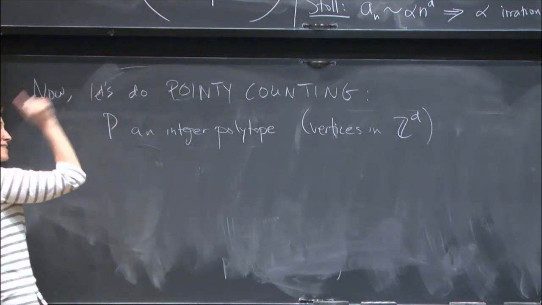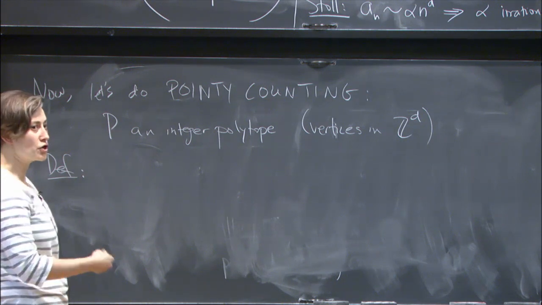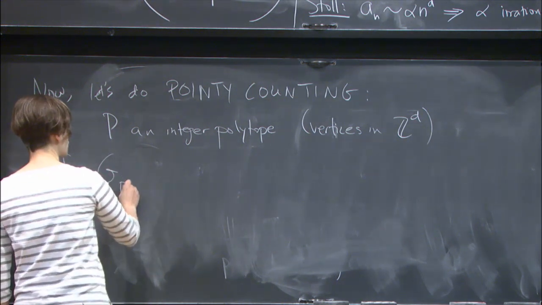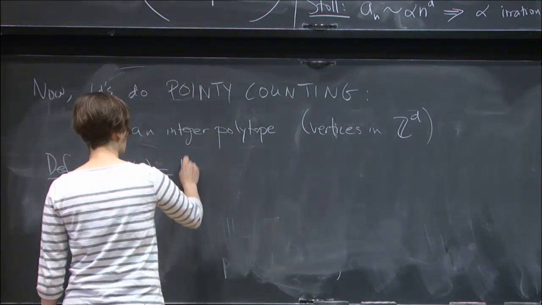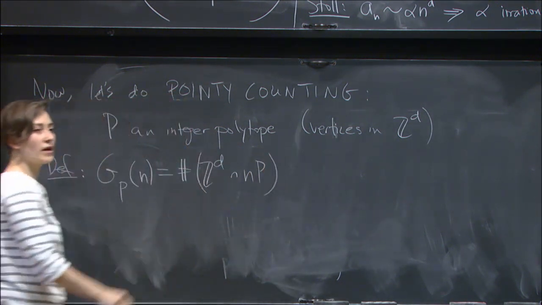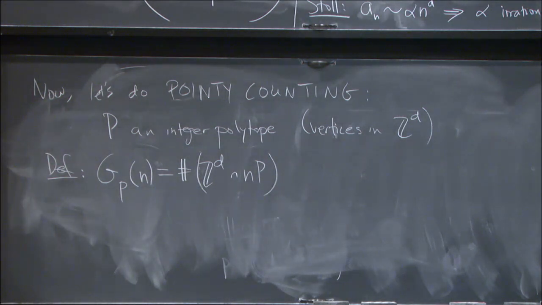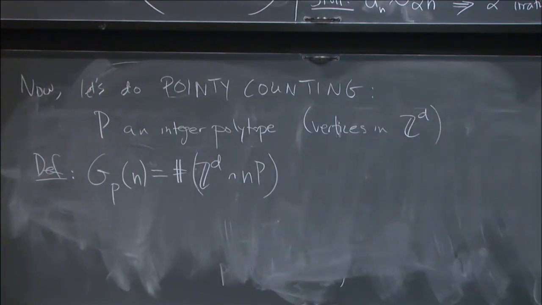Then I can make exactly the same definition. Can define this kind of enumeration function. G_P of n is the number of lattice points in the n times dilate of P. Well, no problem, once again, about the growth rate.